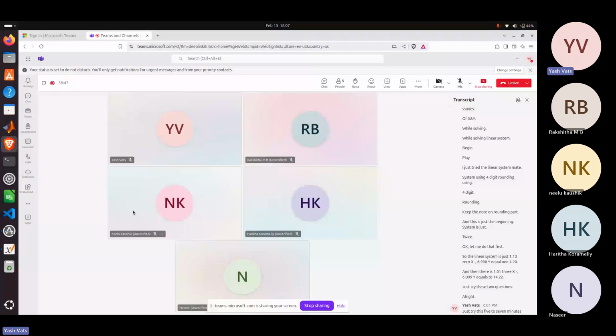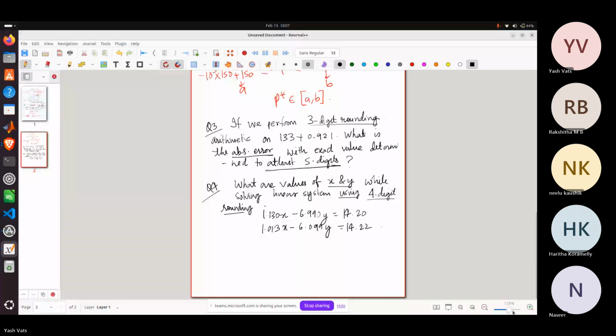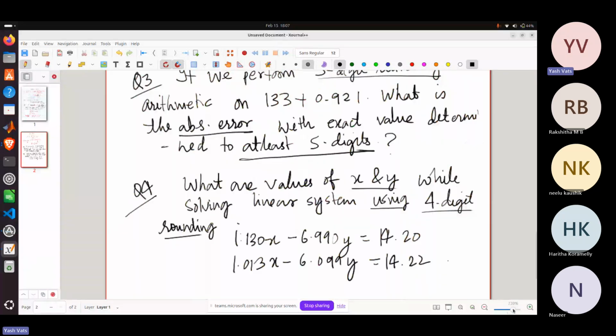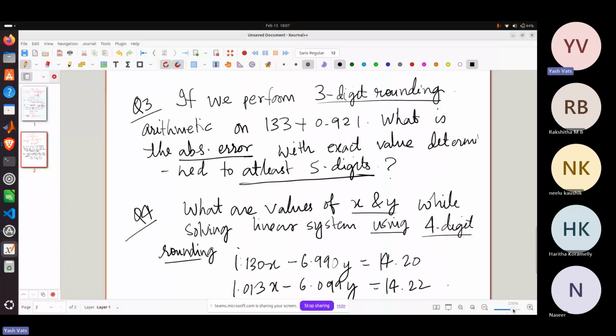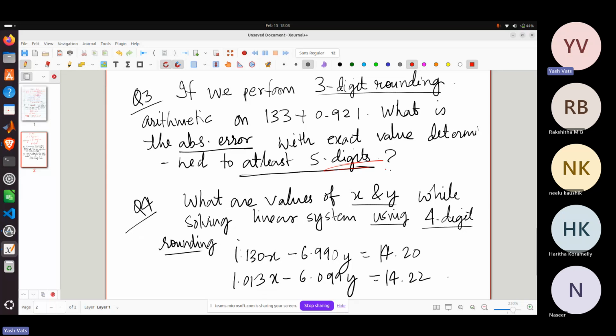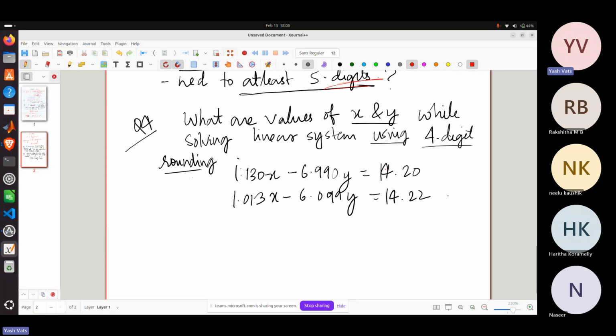Yes, so I think you have tried this one. So let's go there. For the first question, you just have to find the absolute error, with exact value determined to at least 5 digits. So in this case, you just take the difference.